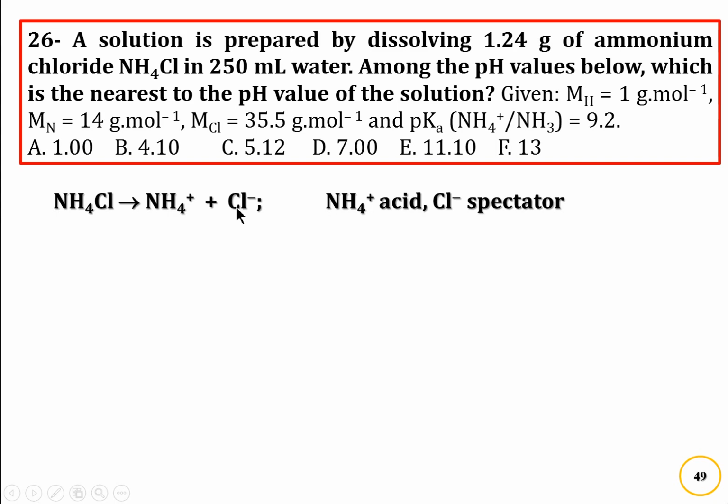Cl minus does not interact with water. We don't have any couple HA/A minus, for example, containing Cl minus. So Cl minus is a spectator ion. The volume of the solution equals 0.25 liters, and pKa equals 9.2, so Ka equals 10 to the minus 9.2.